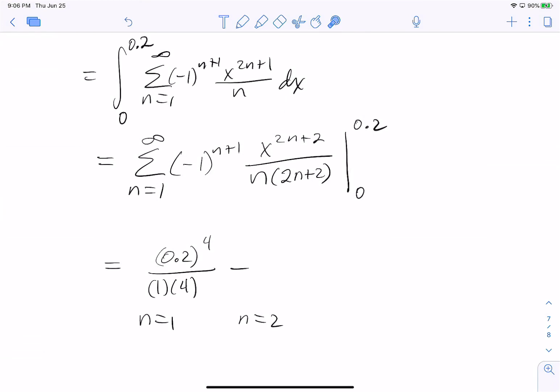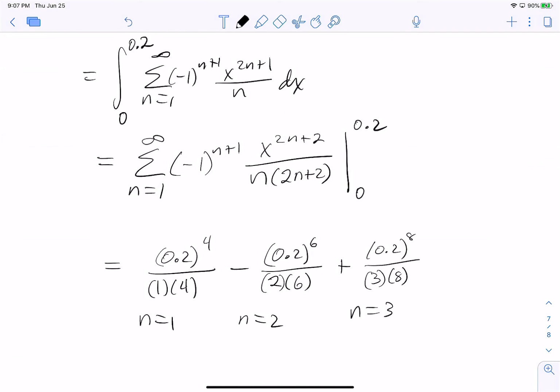And then if n is 2, the exponent on x is going to turn into 6. So we're going to have 0.2 to the 6th power divided by 2 times 6. For the next term, n equals 3. Positive, these are alternating, right? 0.2 to the 8th divided by 3 times 8.